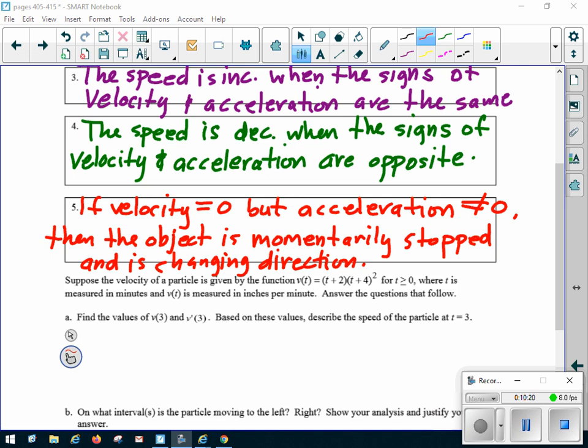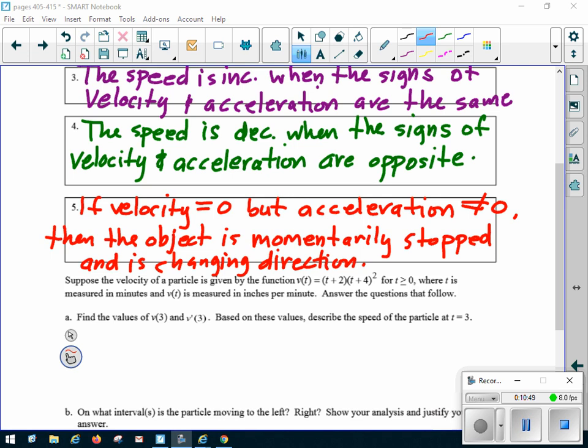Do you buy that? Therefore, you speed up. If your velocity is positive, you are moving forward, and you are being pulled in the direction you are going, your acceleration is positive, therefore you speed up. If your acceleration and velocity are both the same sign, if they're both positive, you're going to speed up. Does that make sense?